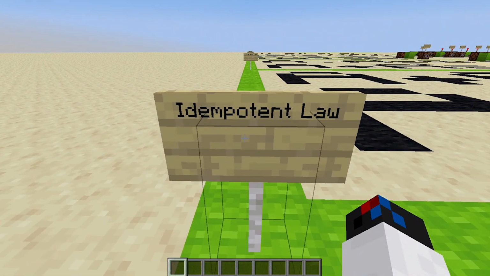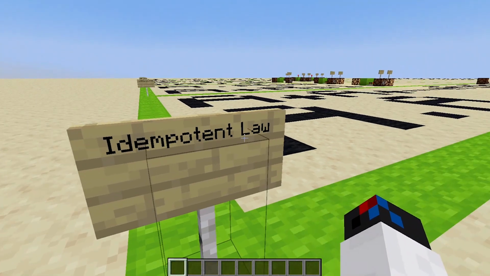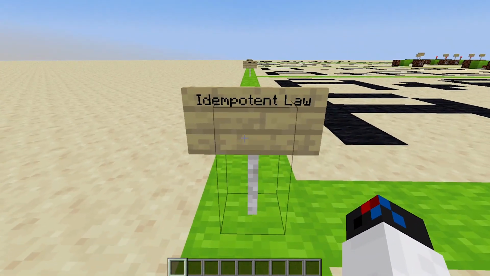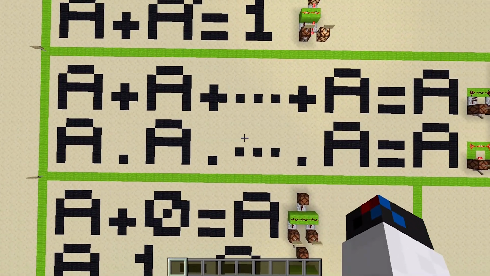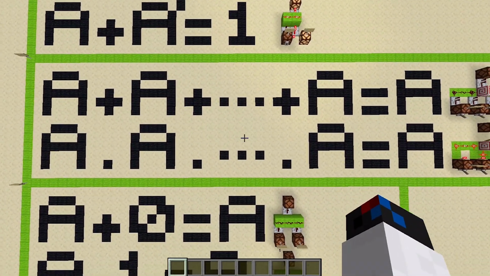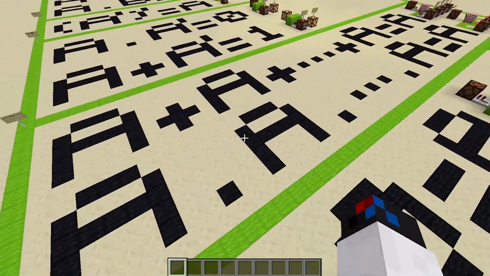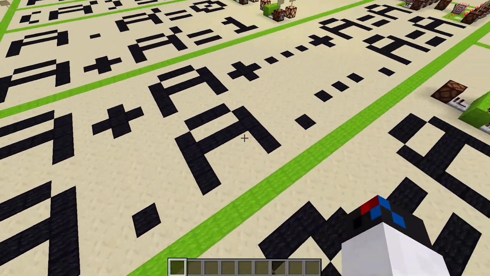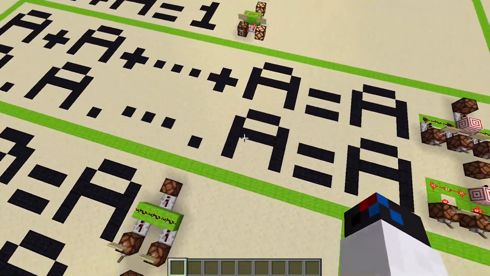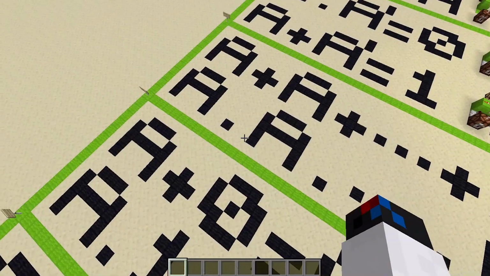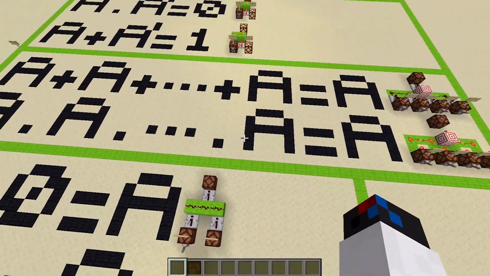Okay, next law, the Idempotent Law. I think I pronounced that right. It looks a bit confusing, but basically, if you take a bunch of A's and AND them all together, you will get A. In normal algebra, if you multiply A by itself several times, it becomes A to the power of n.